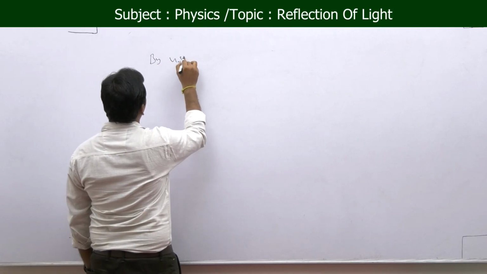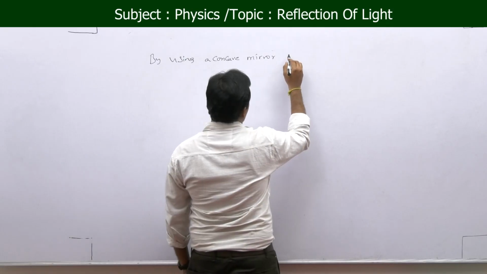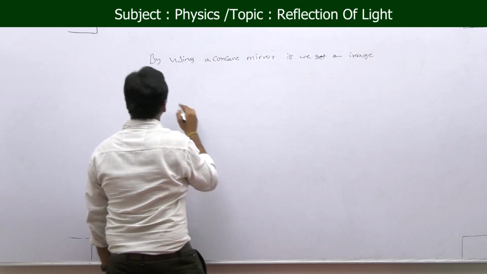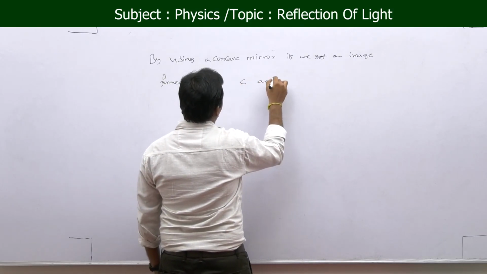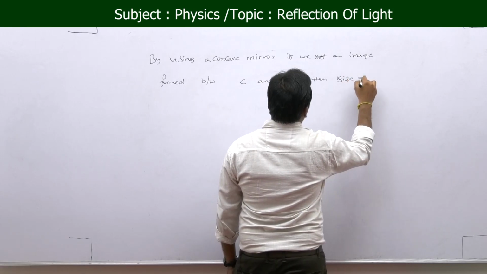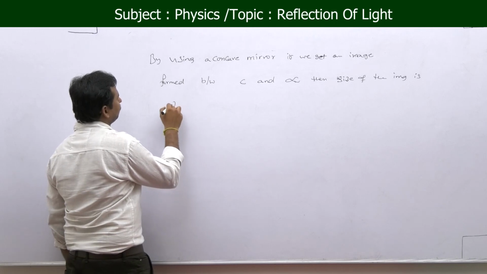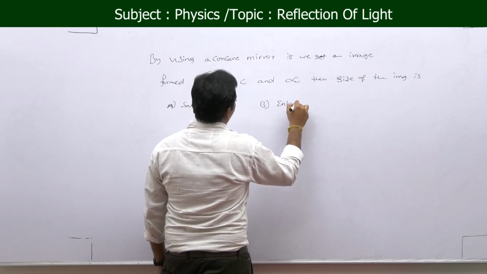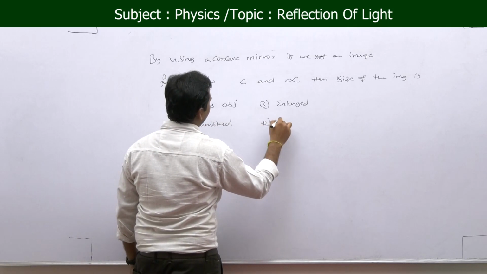By using a concave mirror, if we get an image formed between C and infinity, then the size of the image is: option A, same as object; B, enlarged; option C, diminished; and option D, cannot say.